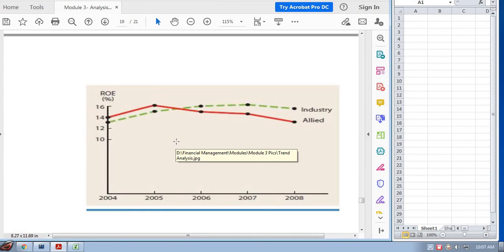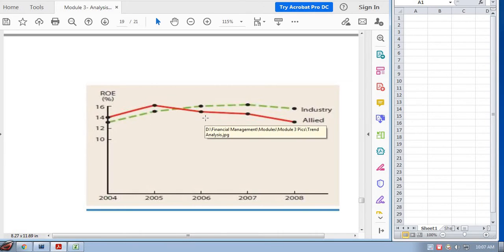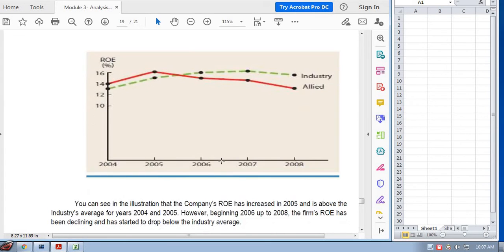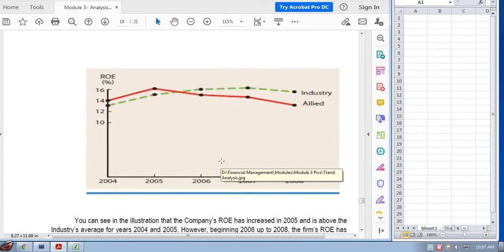So you can conclude that okay, I will invest here. However, in the succeeding years, by 2006, the ROE of Allied is lower than the industry average. And it is the same case in 2007 and 2008. So what will be your conclusion for this?